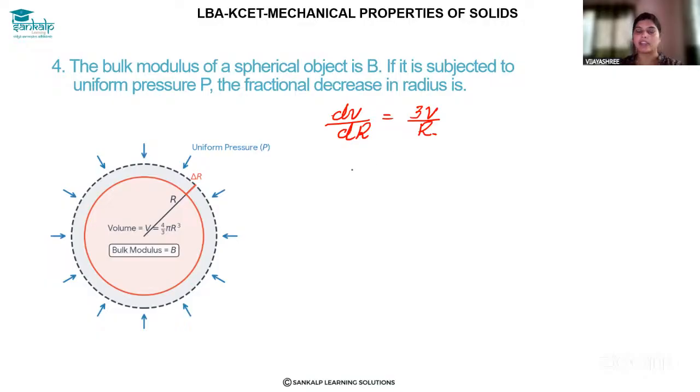Yes, 3V by r. So if we rearrange this, dV by V is equal to 3 times dr divided by r.